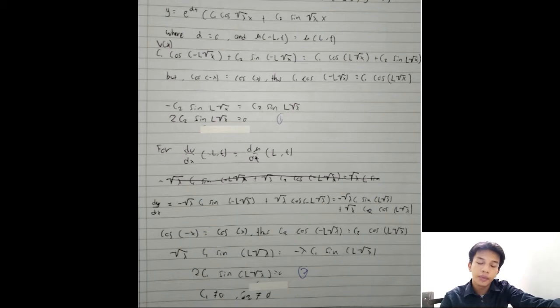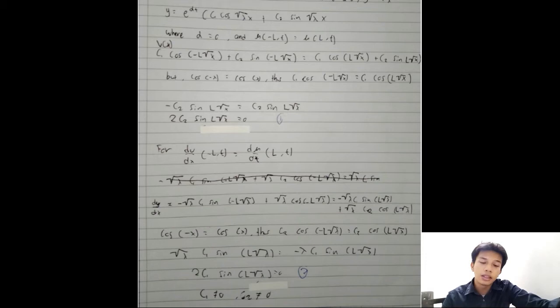But notice that cos(-x) = cos x. Thus, c1 cos(-L√λ) = c1 cos(L√λ). We can then simplify this equation into 2c2 sin(L√λ) = 0.